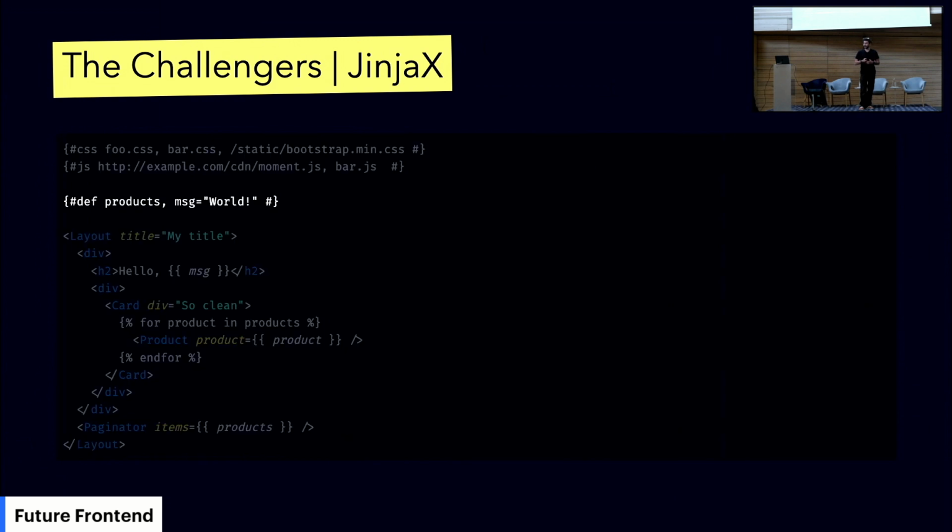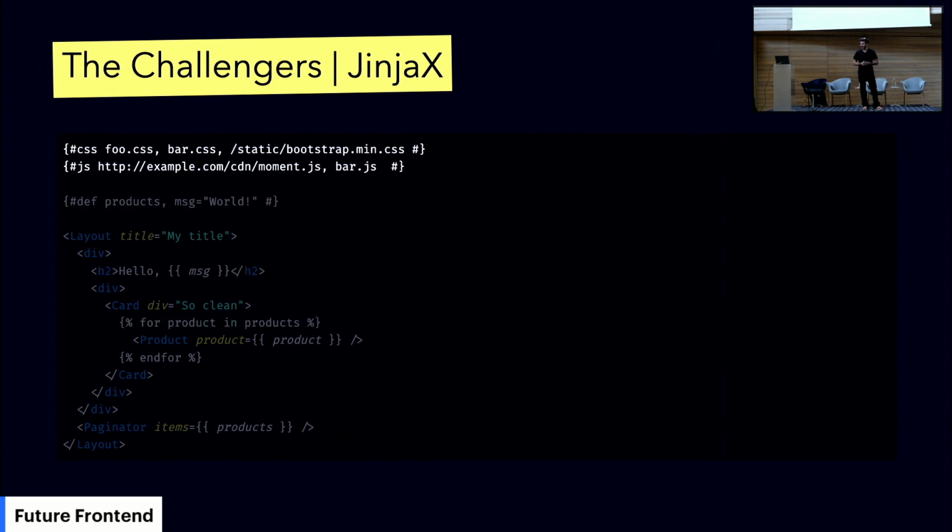The great way is that you can define some props, and you can consume those props directly in your markup, like you did with just Jinja and some variables. So it's not that far from their previous habits as a backend developer, let's say, services developer.